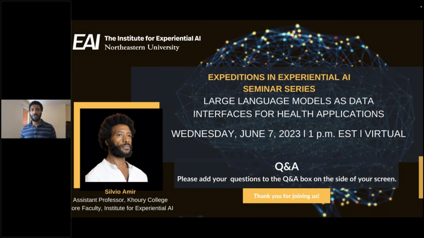Another concern on using models like GPT-3 and 4 is that there is some evidence that these models have seen a lot of the data sets that we use in NLP, which makes it difficult to evaluate their performance because they have seen the data.